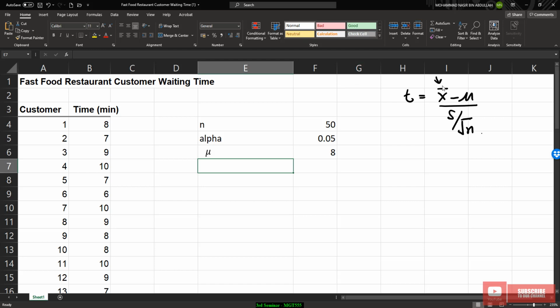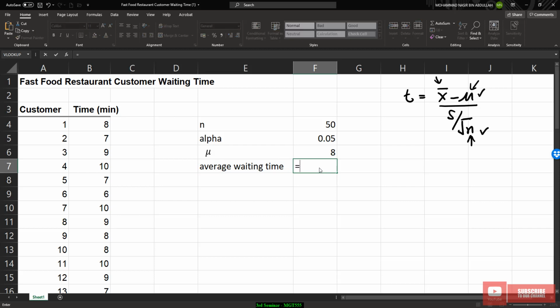And then what else do we have here? There is x bar, mu, n. We have taken n and mu already. What is x bar? Still remember last lecture? What is the meaning of x bar? X bar means the average waiting time. So how to calculate the average waiting time?